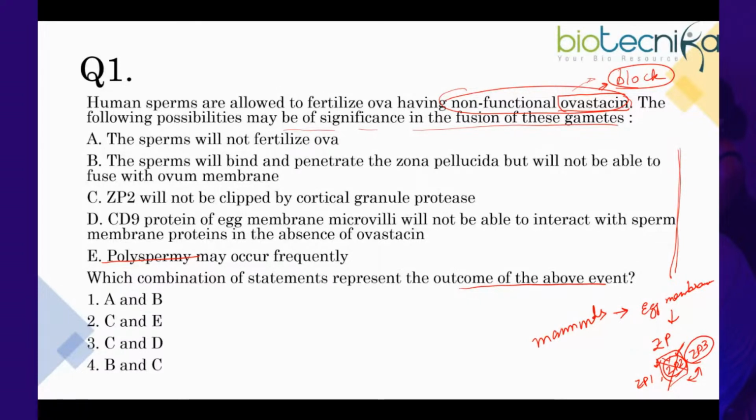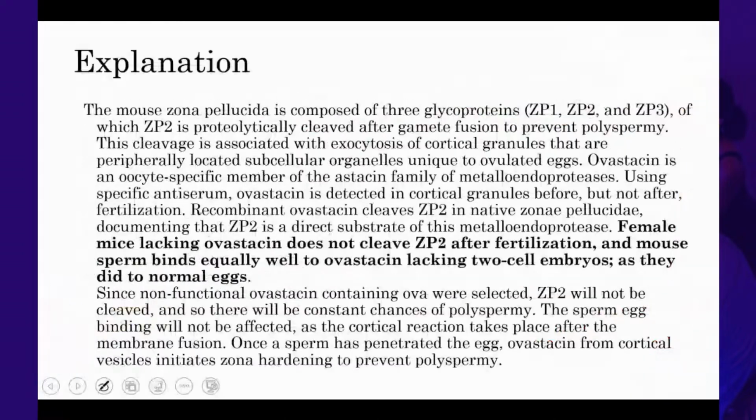From there, it will interact with the zona pellucida ZP2 and clip the ZP2. Okay. So if you see over here, yes, Rahul, that's right. That's the right answer. Female mice lacking ovastatin do not cleave ZP2 after fertilization, and mouse sperm bind equally well to ovastatin-lacking 2-cell embryos as to normal eggs.